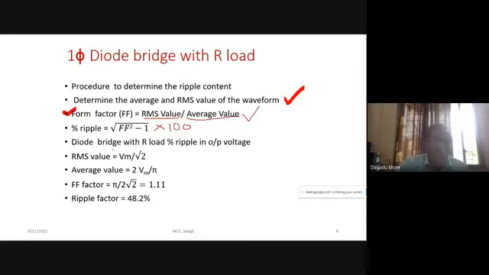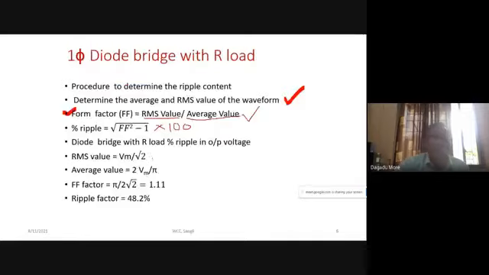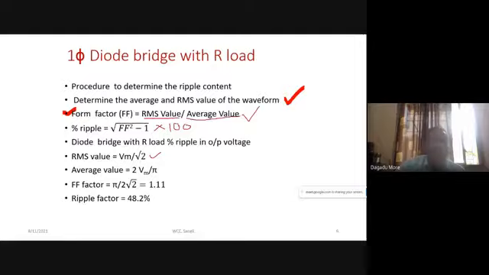For our diode bridge in this case, we have both values. The RMS value is Vm by root 2, where Vm is the peak amplitude of the AC wave. The average value is the area under the curve divided by the base, which is twice Vm by pi.